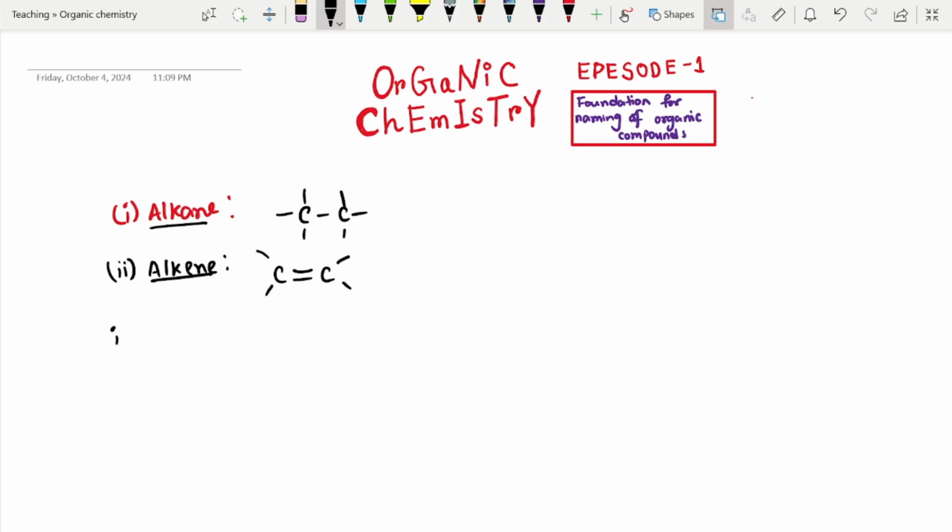Number three is alkyne, which is a carbon-carbon triple bond. And then we have alcohol, which is the OH functional group.